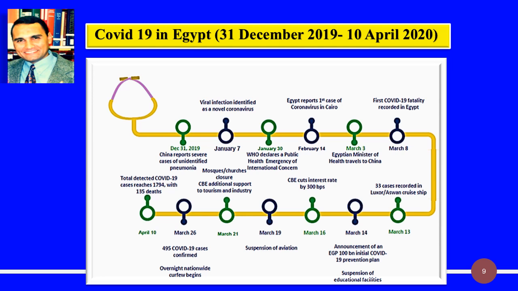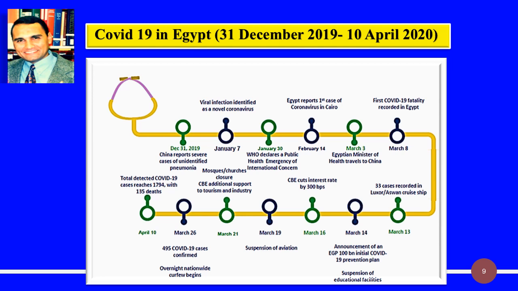On the 16th of March, the central bank cuts the interest rate. On the 19th of March, suspension of aviation. On the 21st of March, closure of mosques and churches, and additional support to tourism and industry.